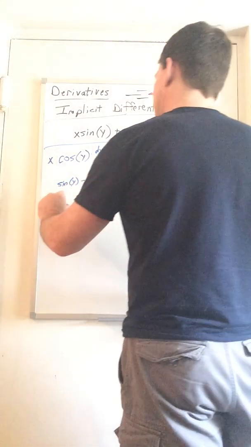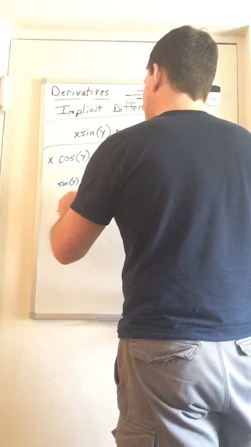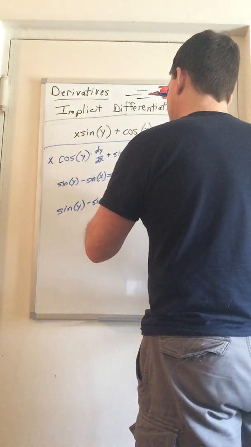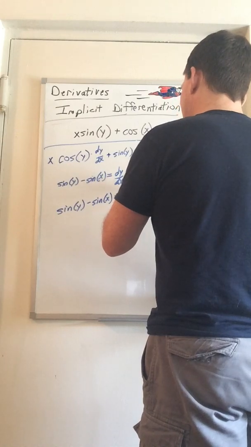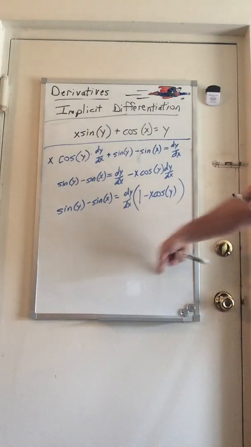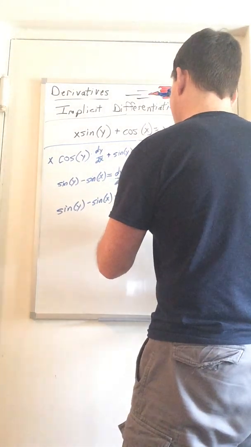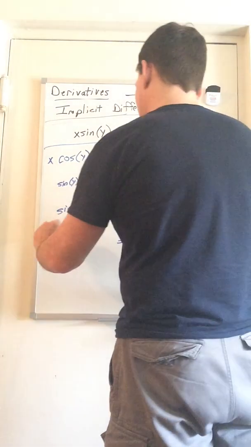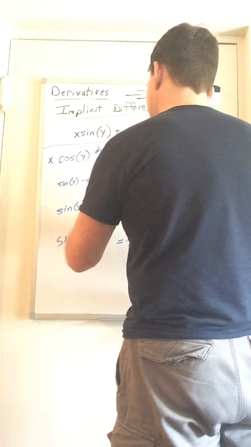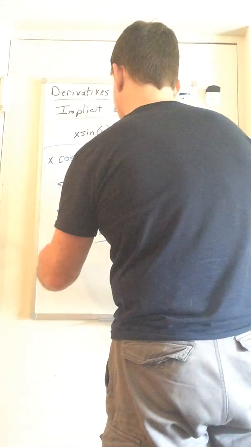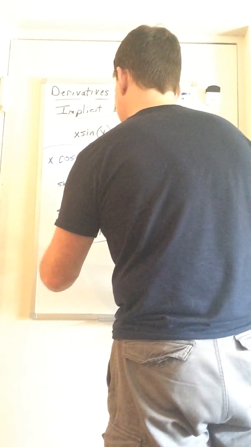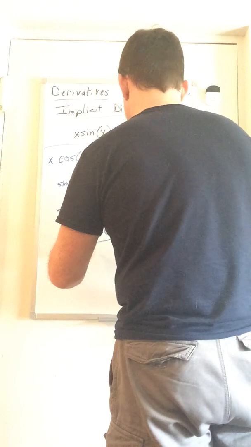Factor out the dy dx, and you get sine y minus sine x equals dy dx times 1 minus x cosine y. And then I divide that over. So I get dy dx equals sine y minus sine x over 1 minus x cosine y.